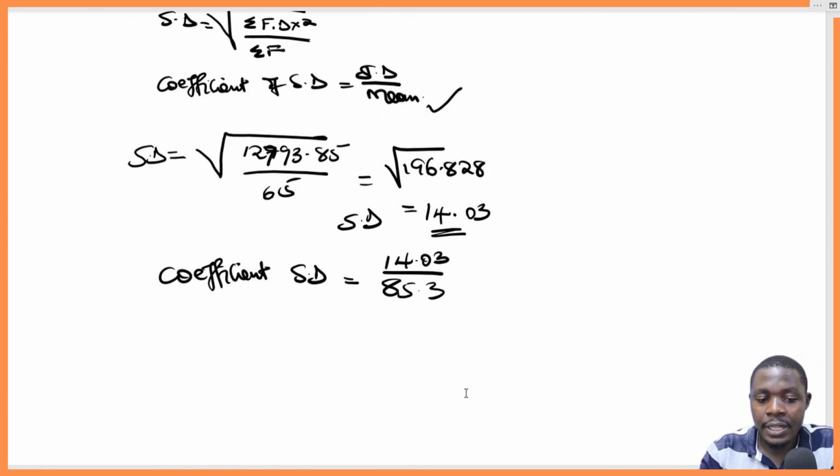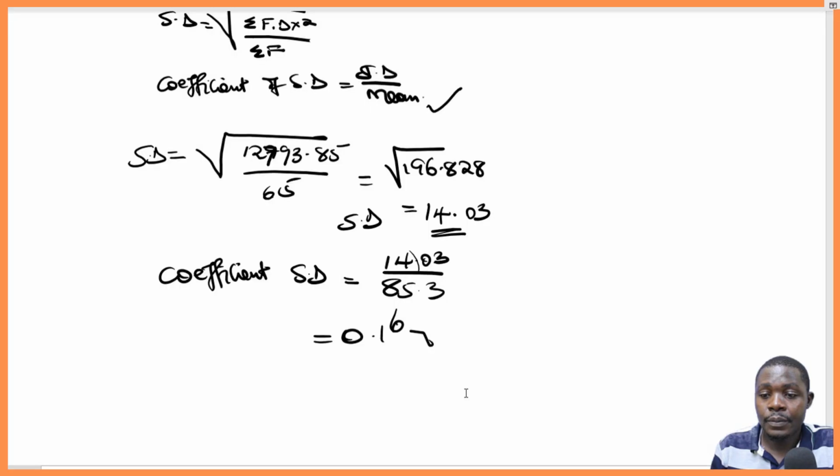If you divide 14.03 by 85.3, you get the coefficient as 0.164. Yes, that becomes the answer to that question, and that is what they wanted you to calculate.